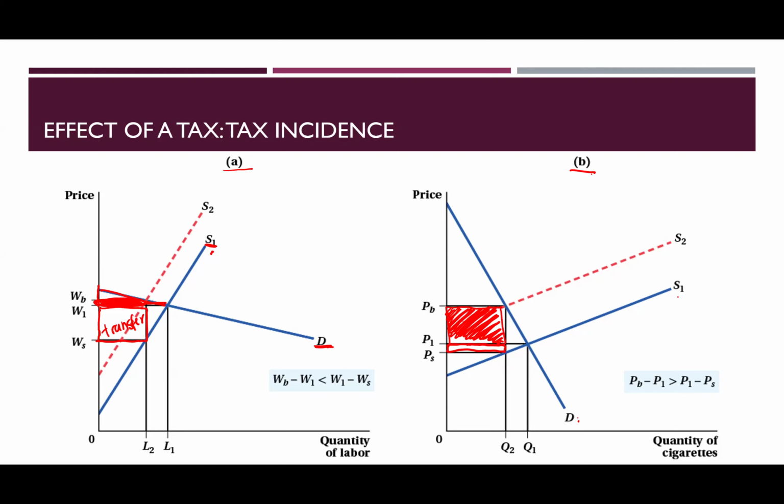The side of the market that's more invested, that side of the market that has a more inelastic curve, is going to end up giving up more surplus in order for the exchange to happen. So when consumers are less willing to walk away, they give up a larger share of their surplus than when sellers are less willing to walk away. Okay.